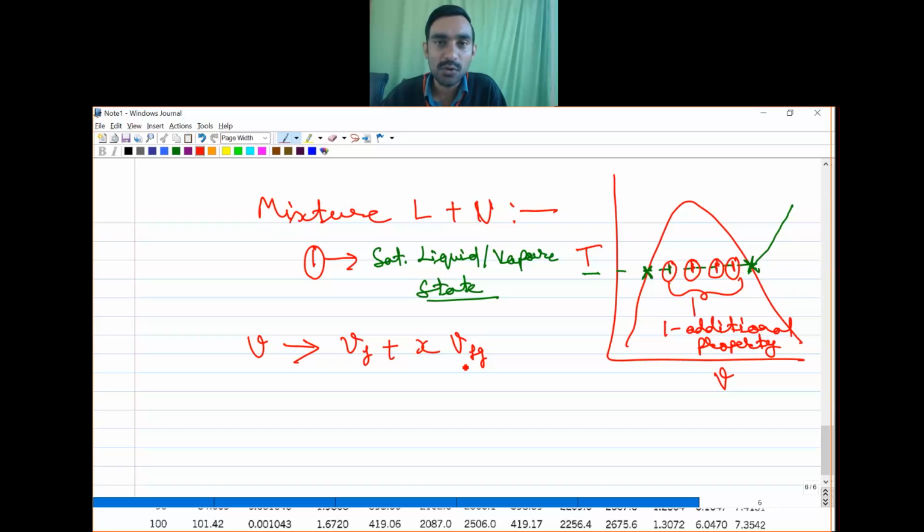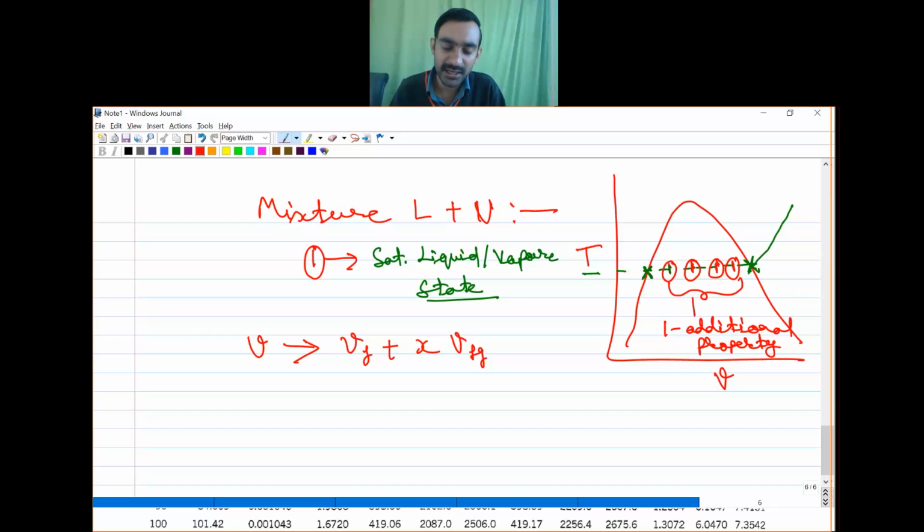Similarly, for a superheated state we also require two properties.